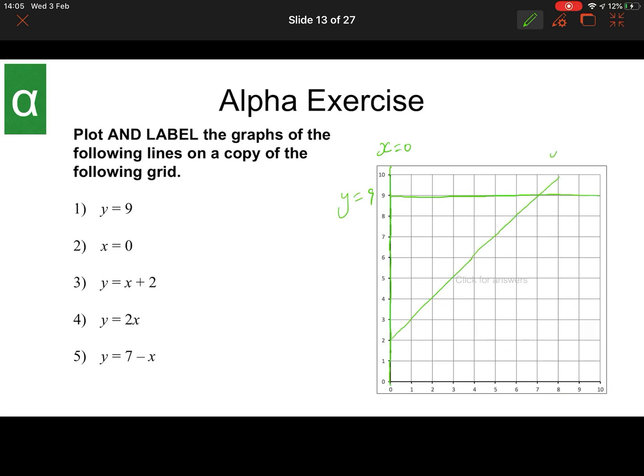Okay, y equals x plus 2 will look like this. y equals x plus 2. y equals 2x will look like this.